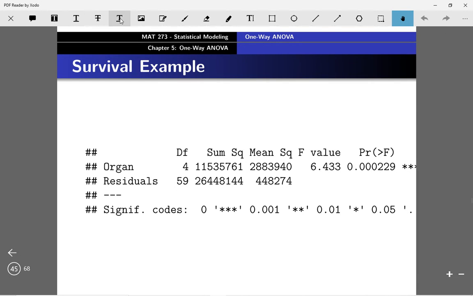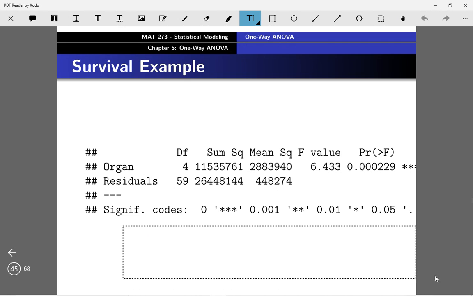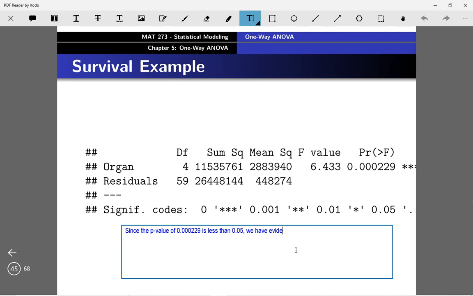So interpreting this result, here we can say that since the p-value is less than 0.05, we have evidence at the 5% significance level that the mean number of days survived differs by cancer type.